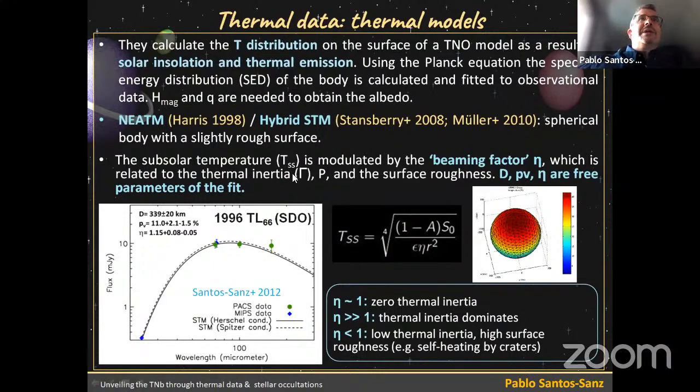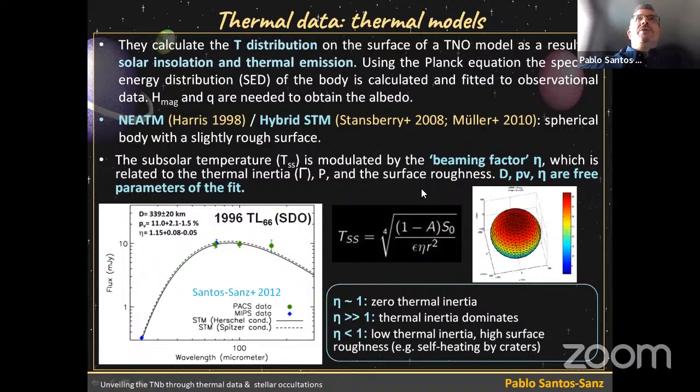The important thing is that by fitting the spectral energy distribution that we obtain from the thermal data, we can obtain diameters, albedos, and a factor called the beaming factor that includes the information about the thermal inertia, the rotational period, and also the surface roughness.